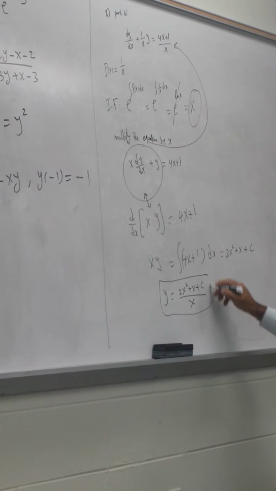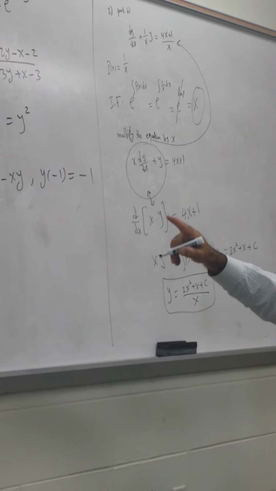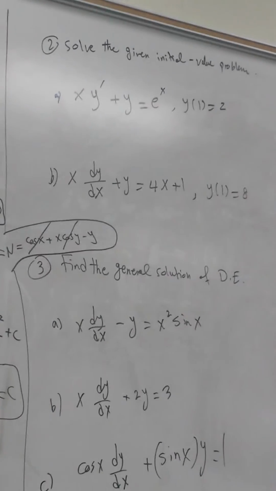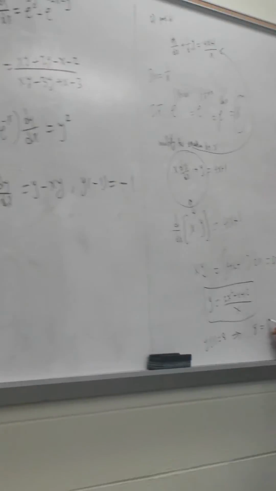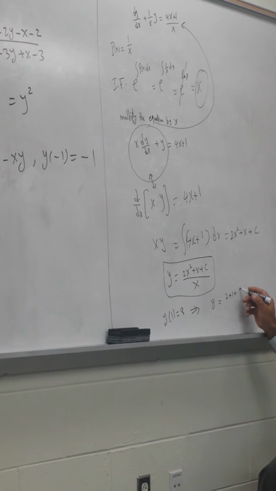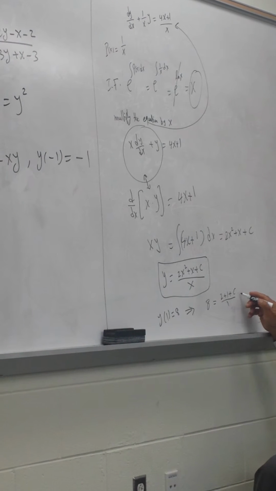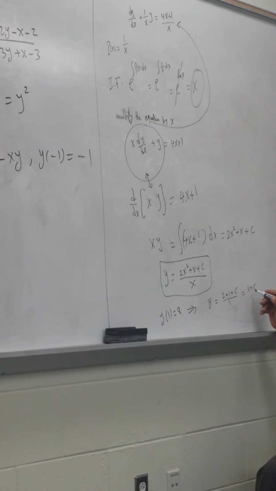That's the general solution, but part B is an initial value problem. So you have to use the initial condition y at 1 equals 8 to find c, which means I need to put 8 in for y and replace x by 1. So what do we get here? You get 2 plus 1 plus c over 1. So this gives you 3 plus c.